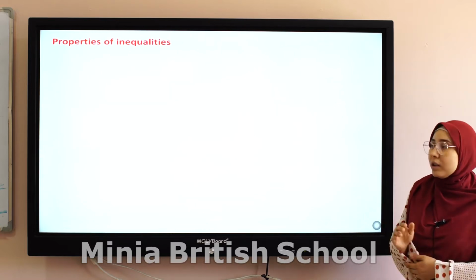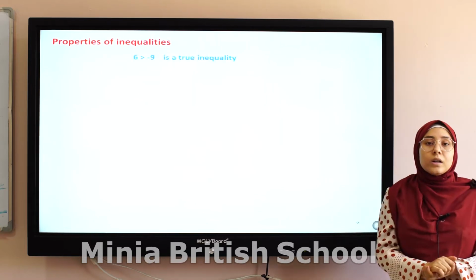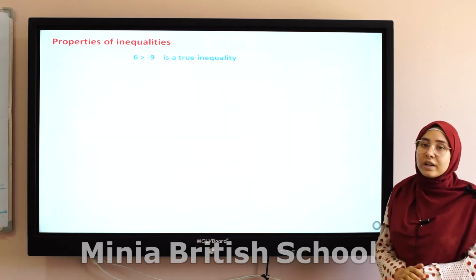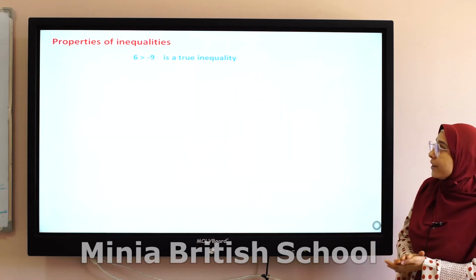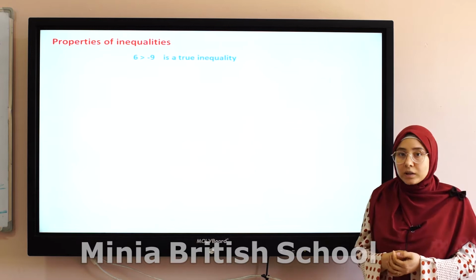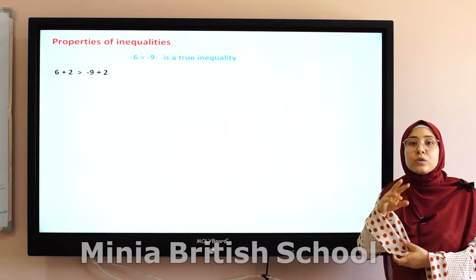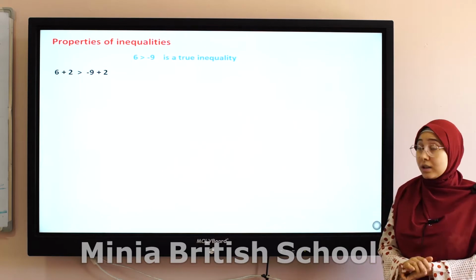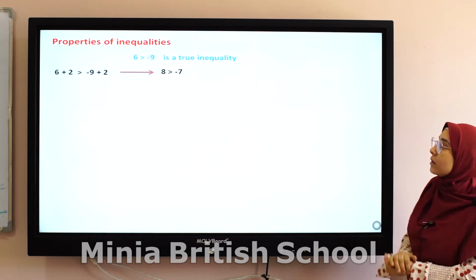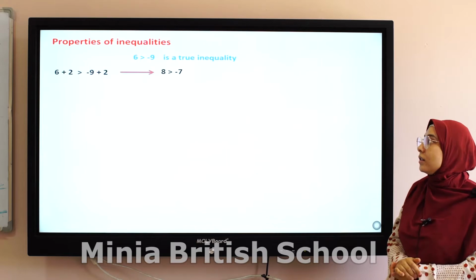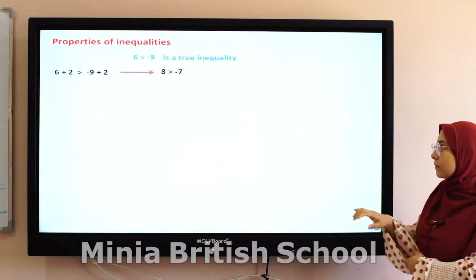Properties of the inequalities. First, 6 greater than -9 is a true inequality. So if I add 2 to both sides of the inequality, we get 8 greater than -7.